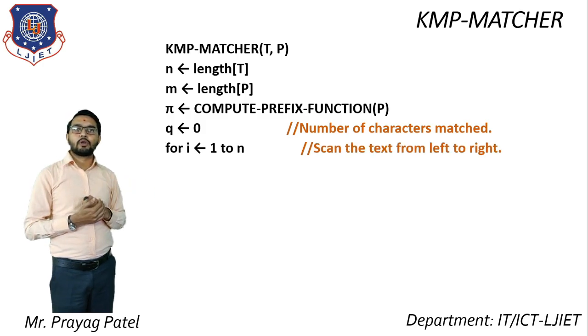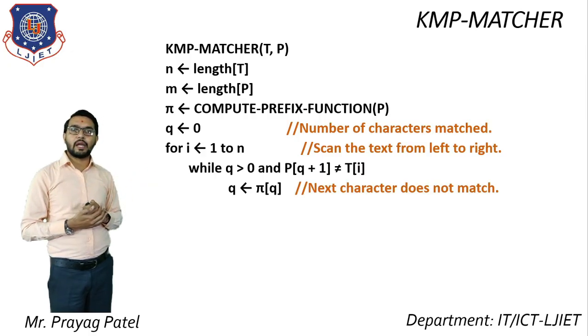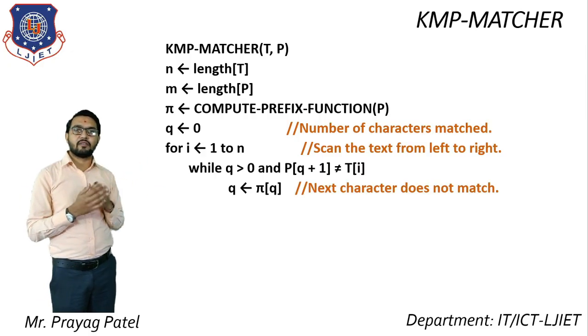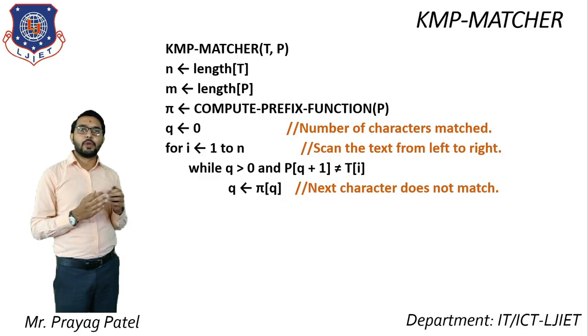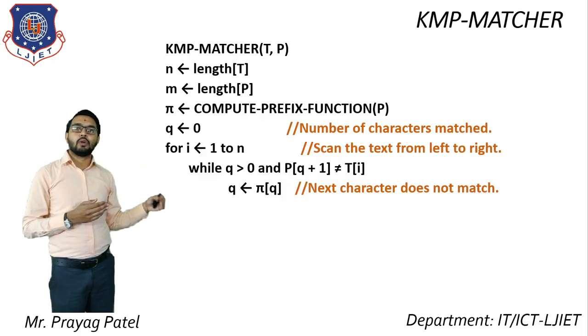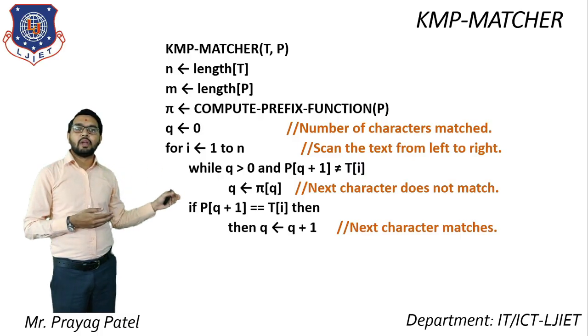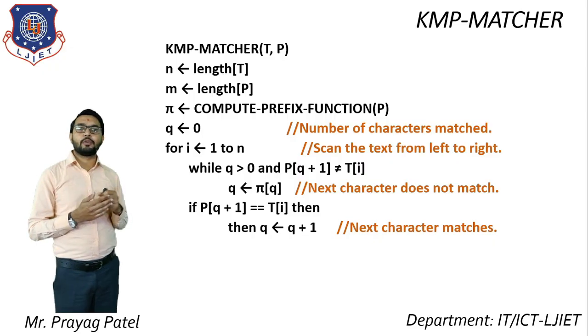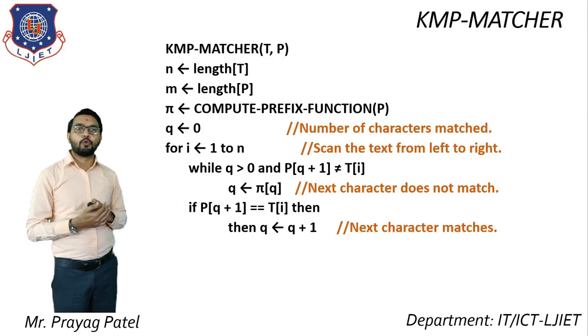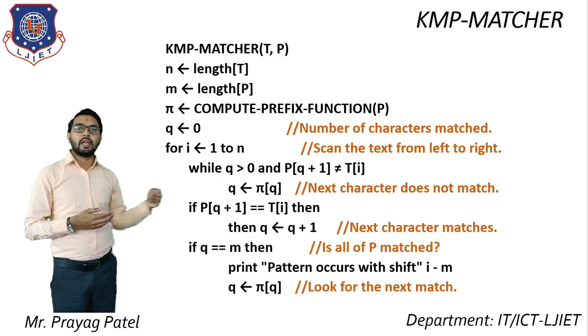For i equal to 1 to n, scan the text from left to right. So here consider the condition: while q greater than 0 and p of q plus 1 not equal to t of i, then q equal to pi of q. So here the next character does not match. Now the next condition: if p of q plus 1 equal to t of i, then q equal to q plus 1, means the next character matches, so we move to the next character.